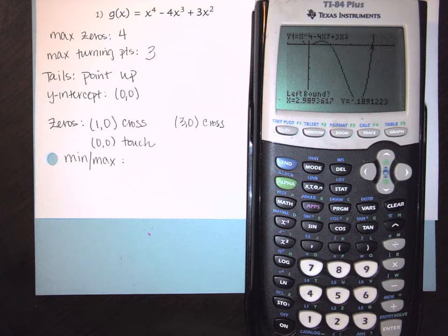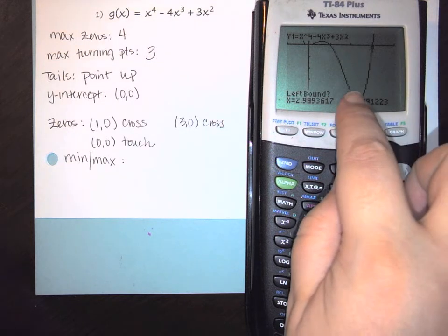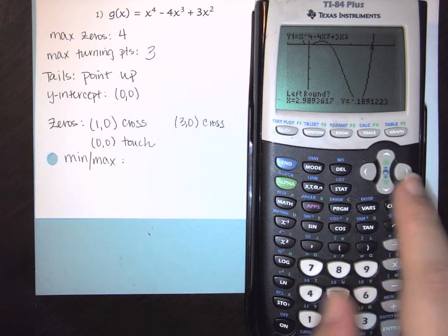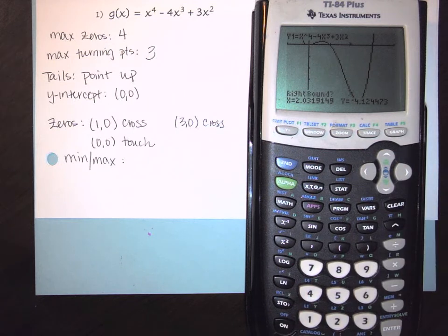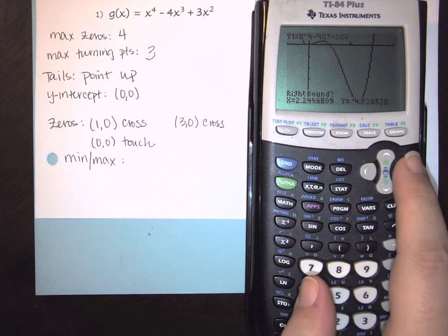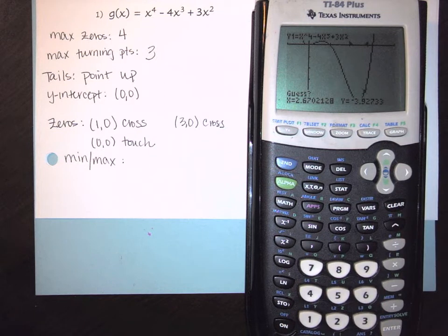Again, it's asking you for the left bound. So we want to be on the left hand side of my little valley. We're going to kind of arrow this down, around, and over. Make sure we're on the left hand side. Hit enter. We're going to go around to the right and hit enter. We're going to guess, and it's going to give us a result. Here this is telling us that we have a minimum value.